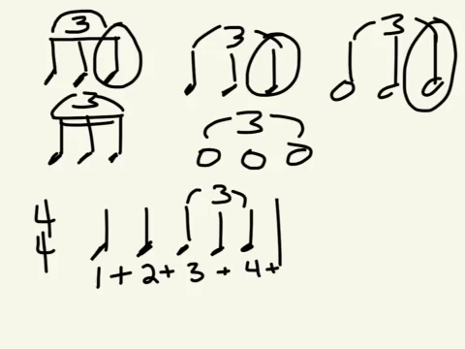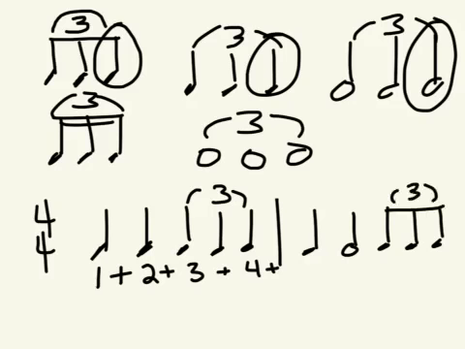Okay, another example, I could do quarter note, half note, and an 8th note triplet. So 1, 2, 3, 4 would be ta, ta, ta, ta, ta.